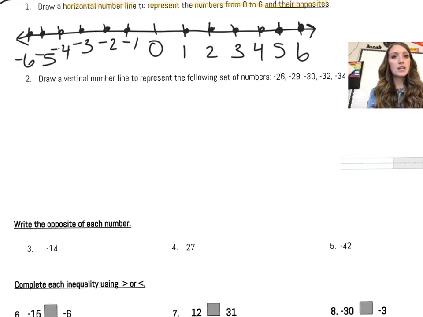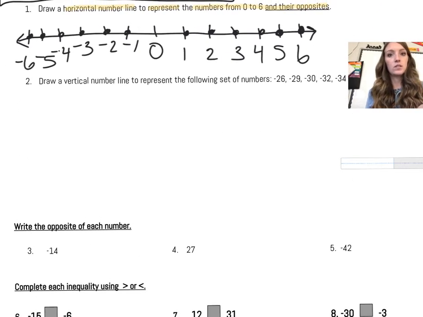Okay, looking at number 2. So I want to now draw a vertical number line to represent the following set of numbers: negative 26, negative 29, negative 30, negative 32, and negative 34.